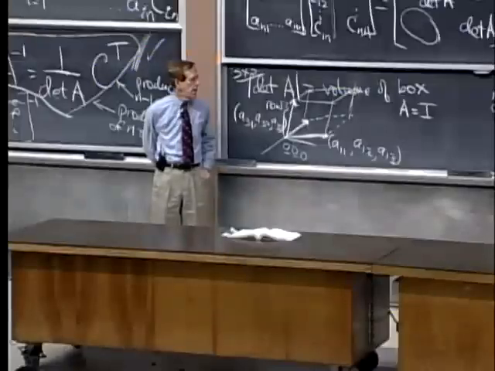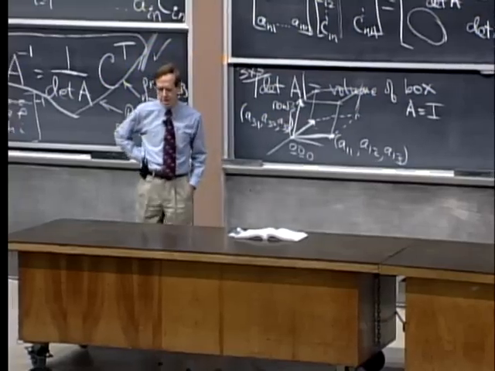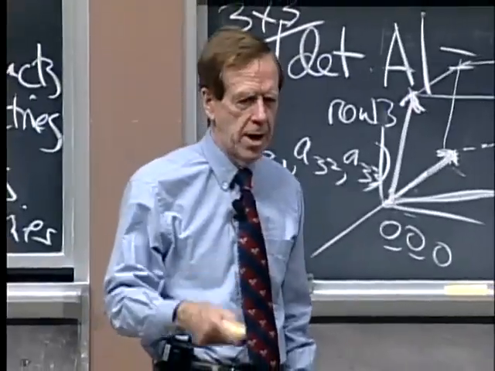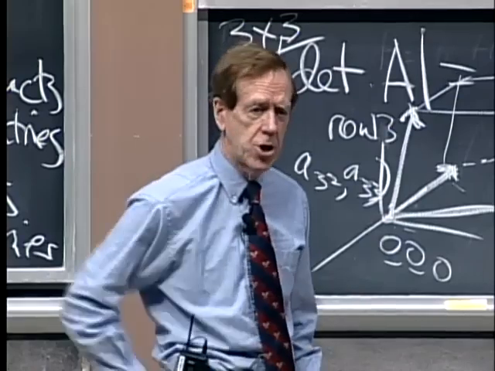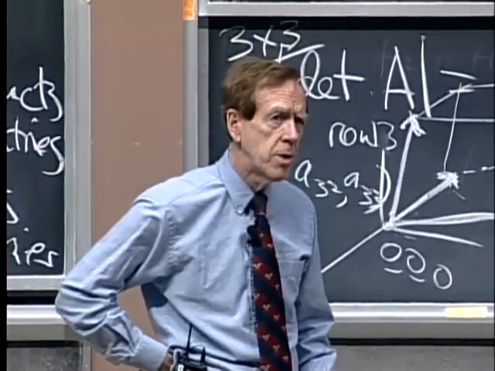Now, let me go up 1 level to an orthogonal matrix, because I'd like to take this chance to bring in the previous chapter. Suppose I have an orthogonal matrix. What did that mean?